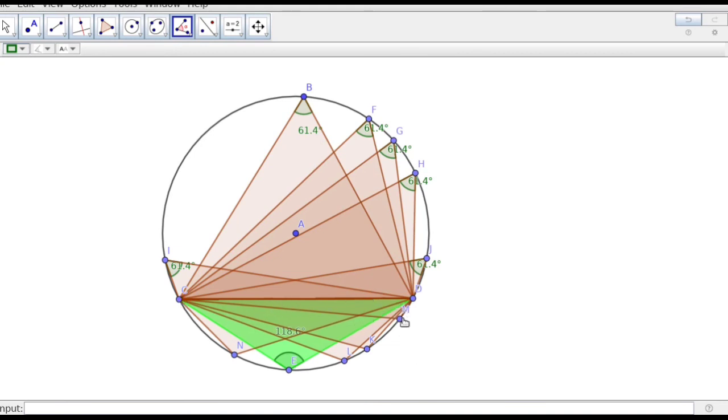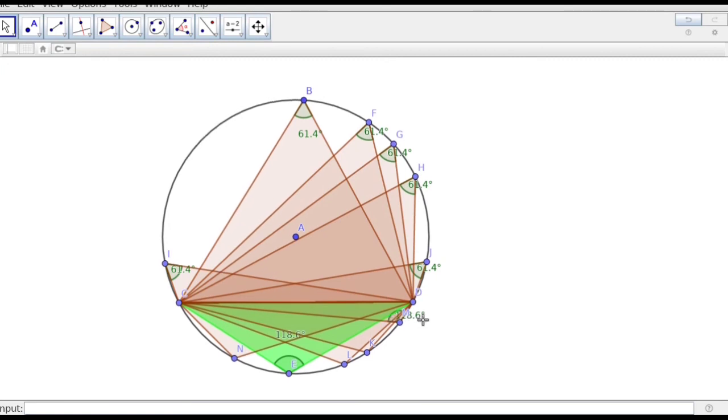And if I measure the angles that are formed by joining the points below the chord, then what will happen? Let us measure. What is its measurement? Yes, that is equal to 118.6. Similarly, what about this angle?